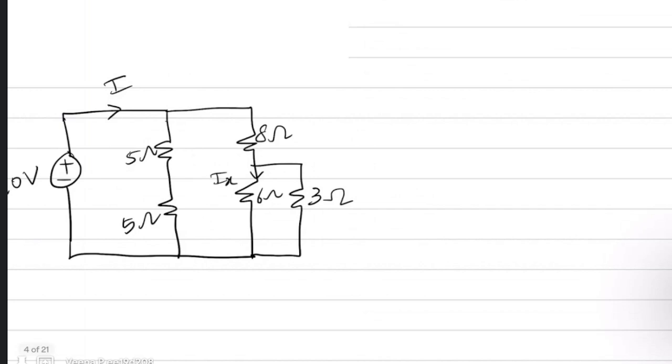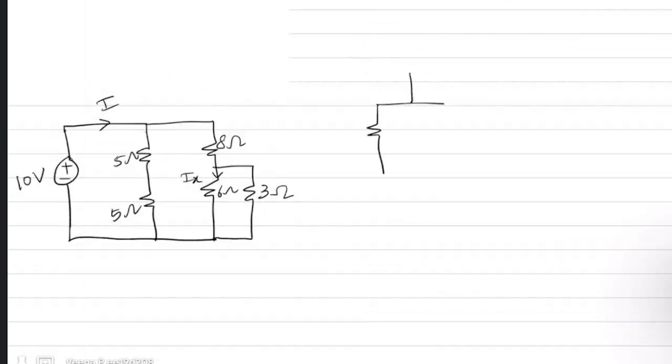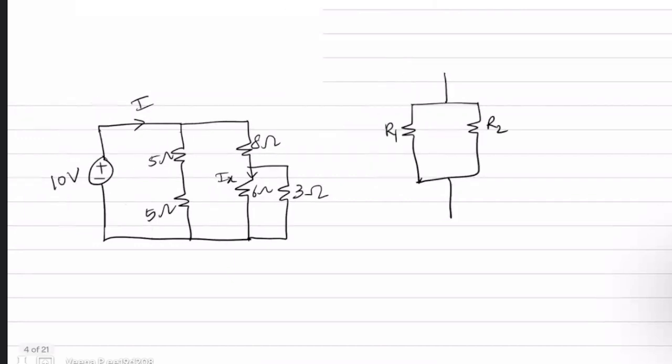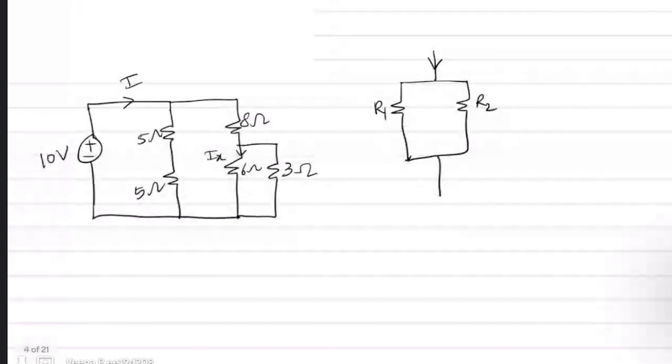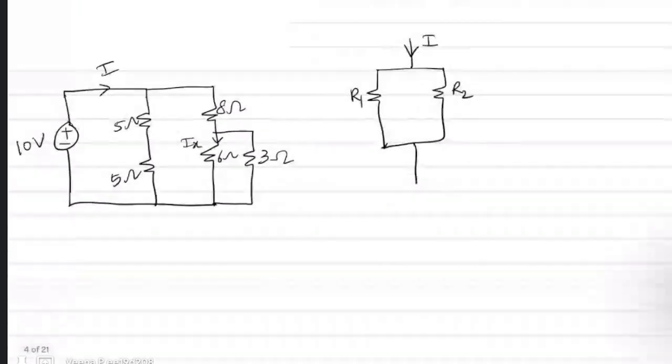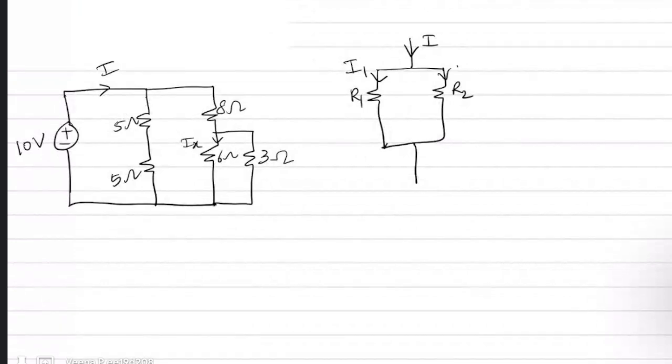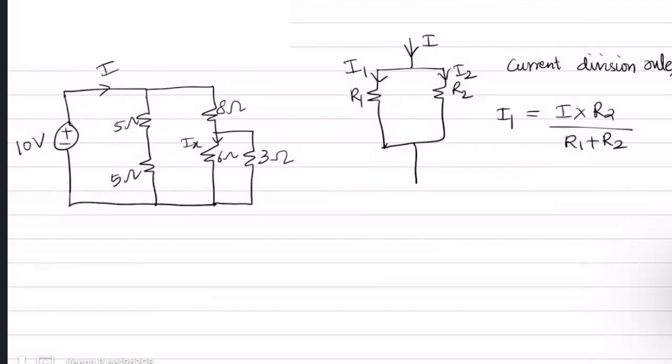What is the current division rule? If you have two resistances in parallel, say R1 and R2, and you know the total current entering the branch as I, and the current through R1 is I1 and through R2 is I2, then according to the current division rule, I1 is given by I times R2 divided by R1 plus R2, and I2 is I times R1 by R1 plus R2.